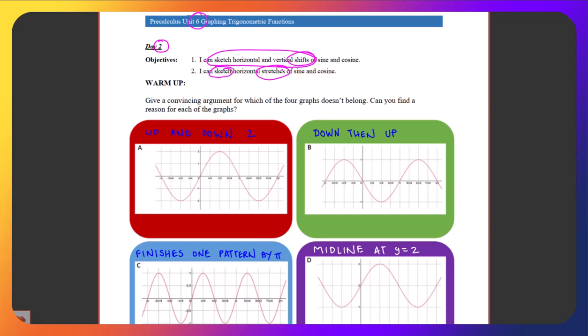So, looking at these four graphs, this one, A, goes up and down 2, whereas the others only go up and down 1, if you look carefully at the scales. B, this one goes down first, whereas the others go up first.